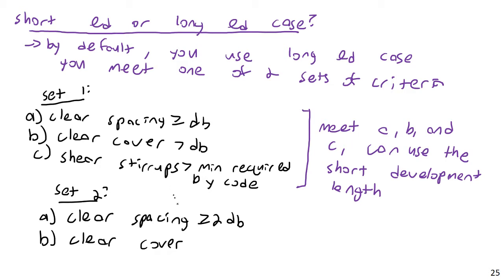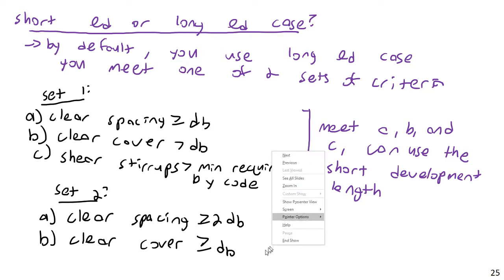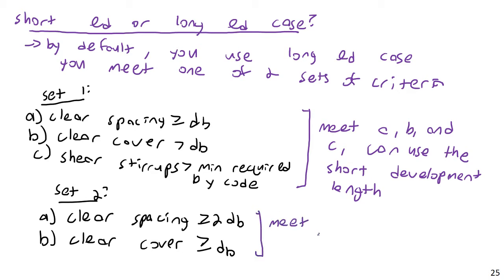If you have twice the clear spacing, then you don't need to worry about shear stirrups, but in turn you need twice the clear spacing. So if you meet both A and B, then you can also use the short development length equations.